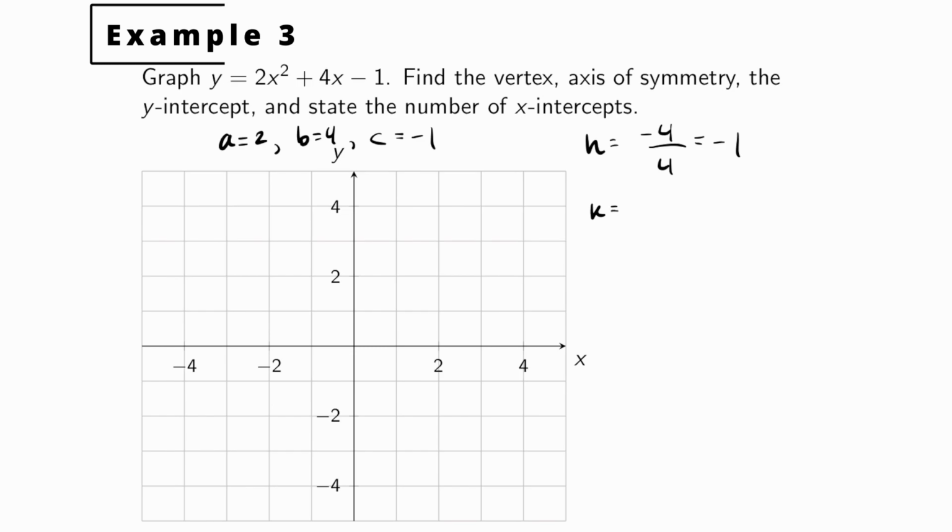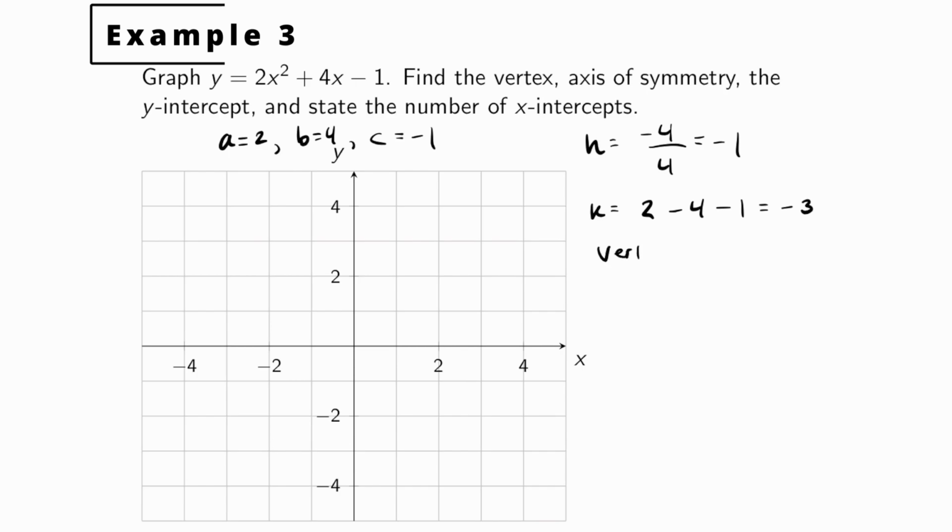And then k, the y-coordinate of the vertex, just plug in negative 1 and see what you get. 2 times negative 1 squared is going to be positive 2, right? Because negative 1 squared is 1. It's going to be 2 minus 4 minus 1, so that's going to be negative 3.